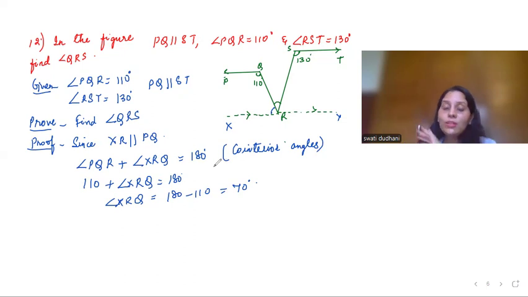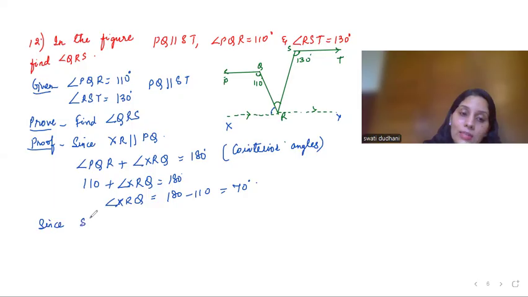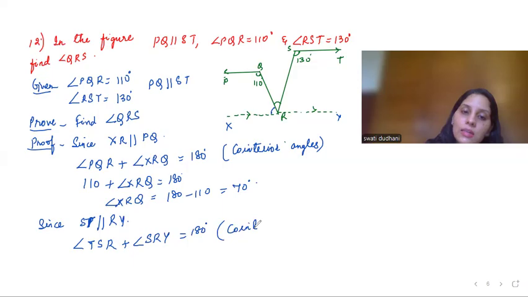Now, similarly on the right side, since ST is parallel to RY, angle TSR plus angle SRY is again 180 degrees. Same reason, co-interior angles.